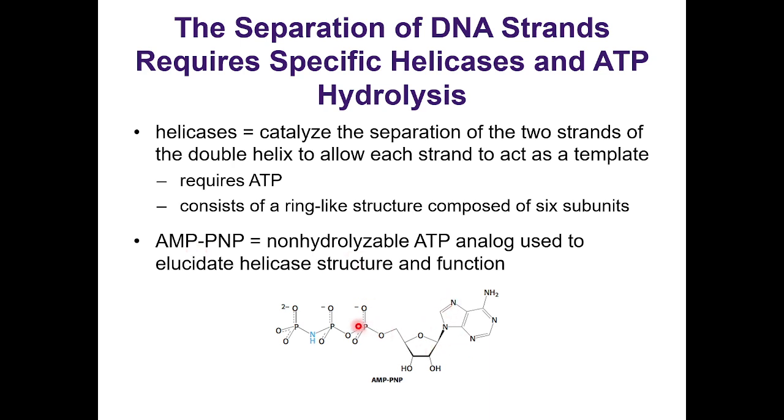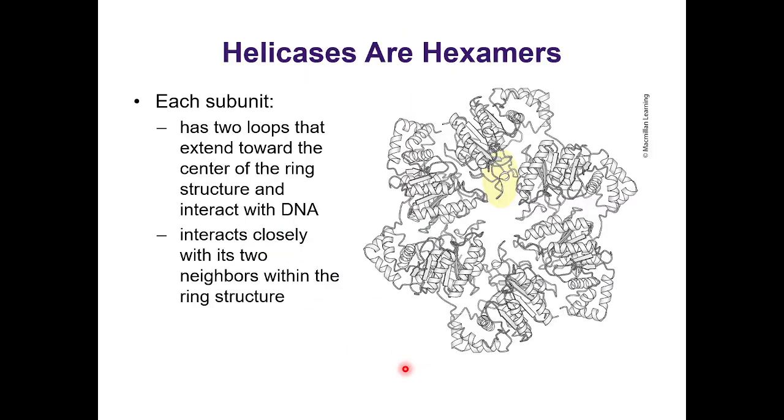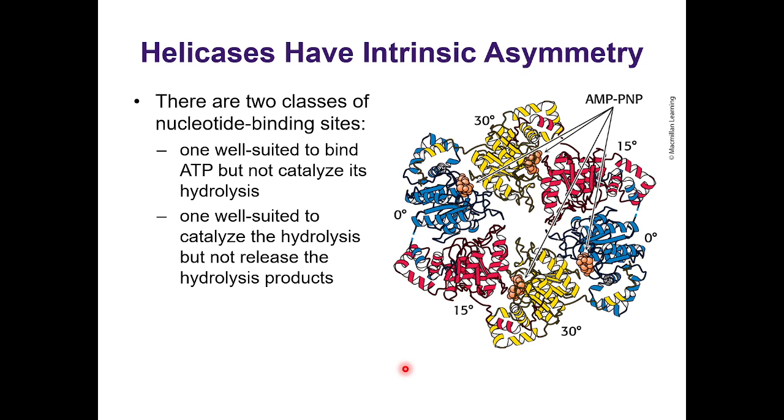So this is AMP right here, just like the normal AMP. This part right here is P, nitrogen, N, P. So it's exactly what it is, right? Okay. And again, we see that these are sticking there, and we can actually see the site sticking to where the ATPs would stick. Okay?